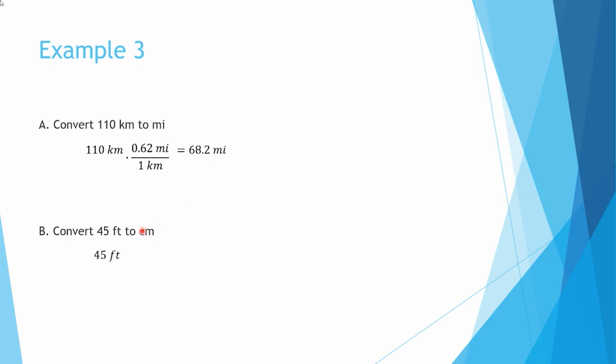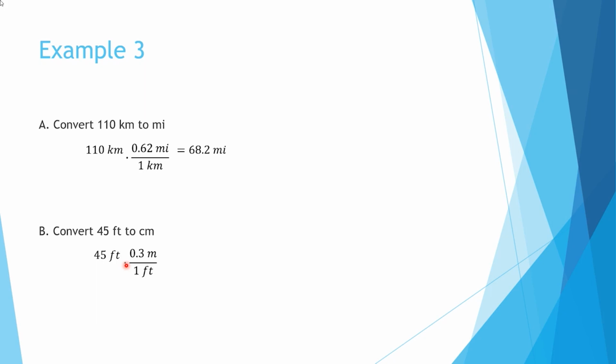All right, so let's look at the next one. The next one doesn't have a straight conversion. So what I want to do is convert feet to the metric system first. So we know that for 45 feet, for 1 foot, there's 0.3 meters approximately.